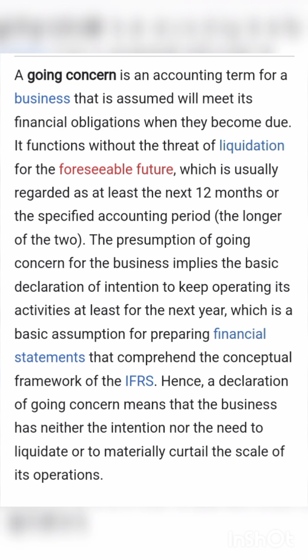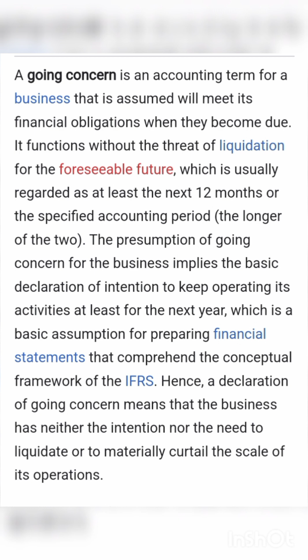The presumption of going concern for the business implies the basic declaration of intention to keep operating its activity at least for the next year, which is a basic assumption for preparing financial statements under the conceptual framework of the IFRS, international financial reporting standards.